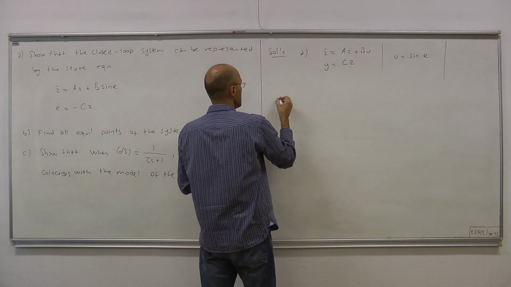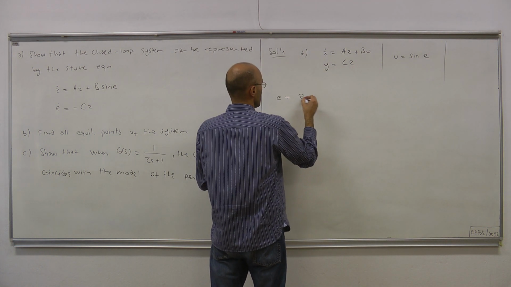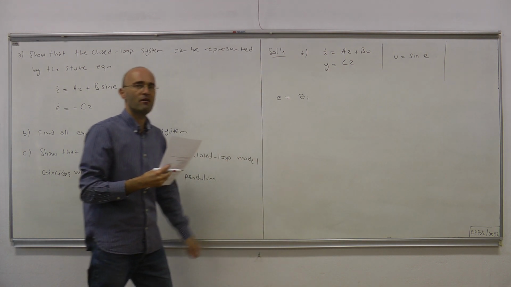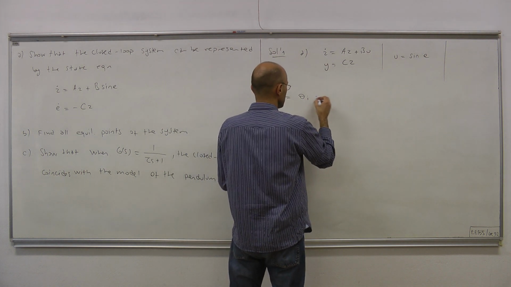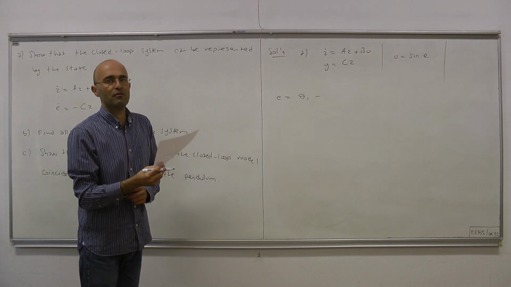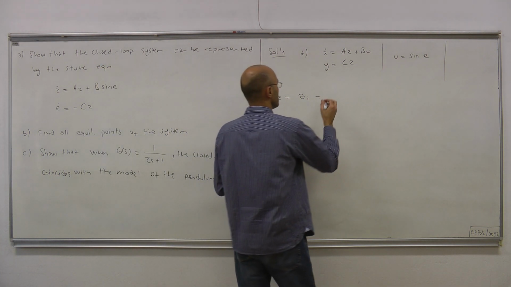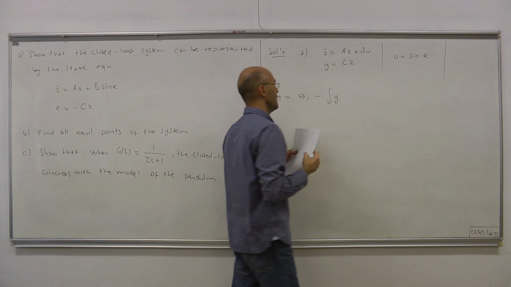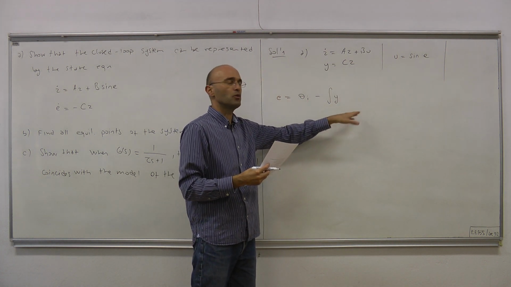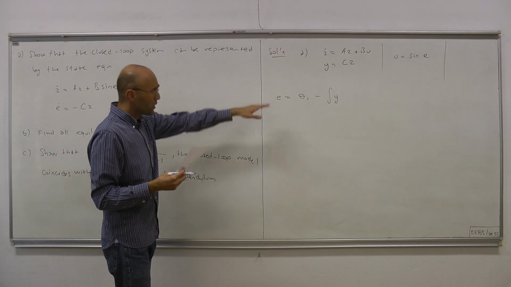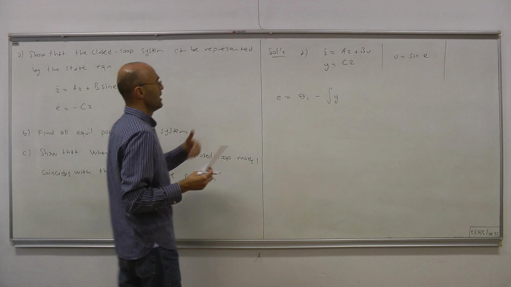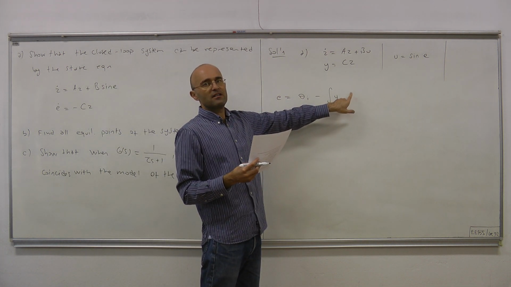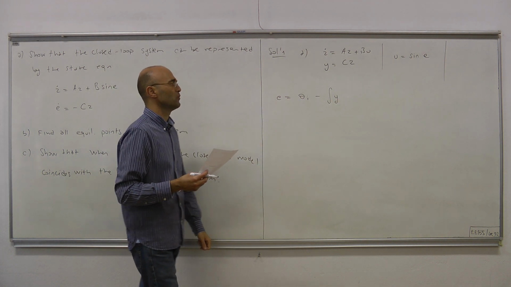We have e equals this constant, the reference angle, minus the integral of the output, plus some initial condition of the output. But since we're going to differentiate this equation to obtain E dot, without loss of generality, we can take the initial condition for the integration to be 0.